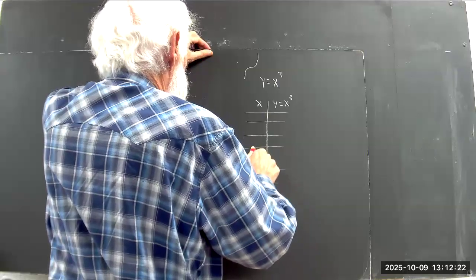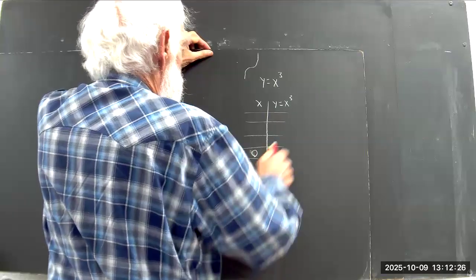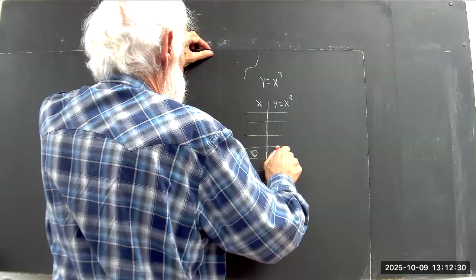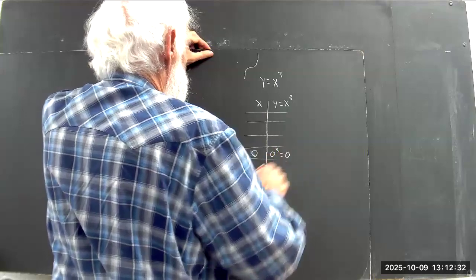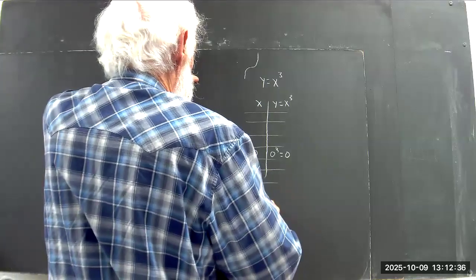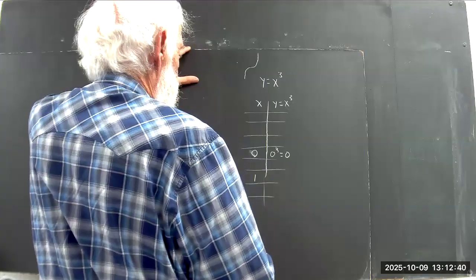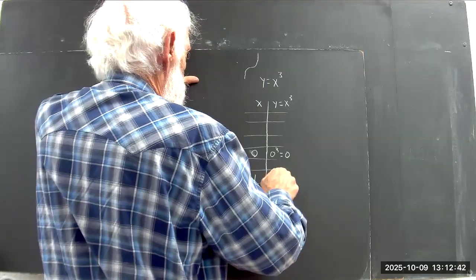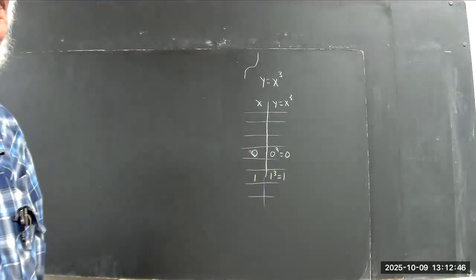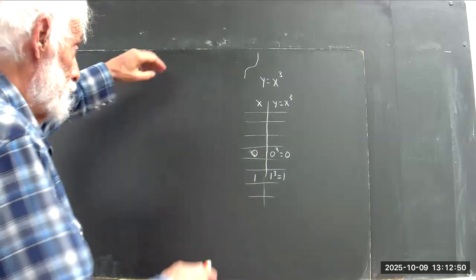Now, somewhere in the middle of the table, I'm going to let x equal 0. Then y equals x cubed, well, 0 cubed equals 0. Down here, I'm going to put 1. And you're probably going to tell me that 1 cubed equals 1, right? Because 1 times 1 times 1, okay?